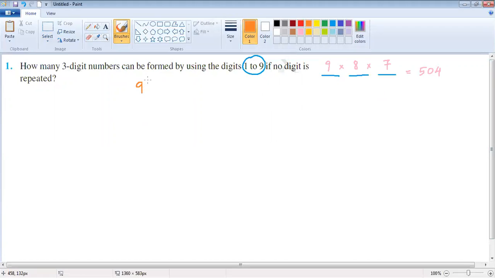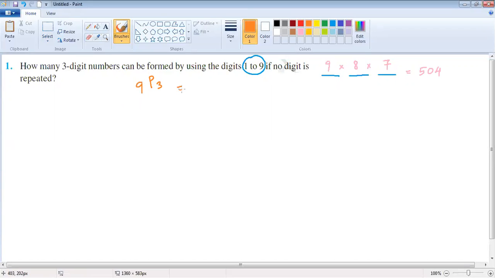And you can see that the order is important, because if you write 987 or 978, the numbers are different. So it is permutation. So it is 9P3, nothing but the number of permutations of 9 objects taken 3 at a time.